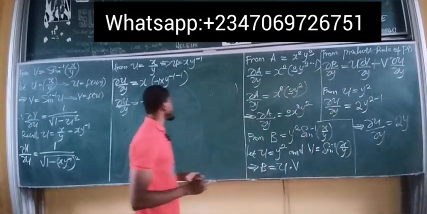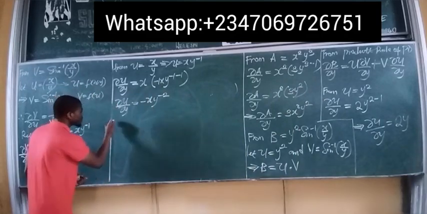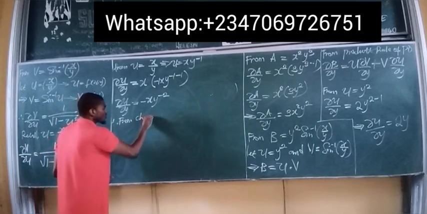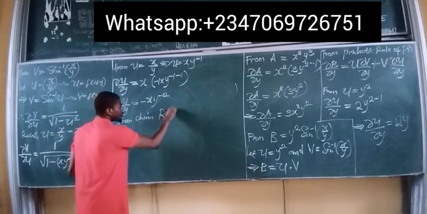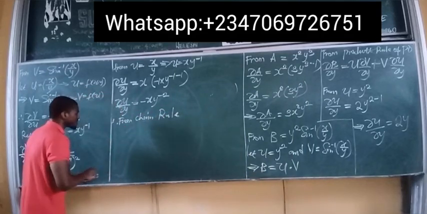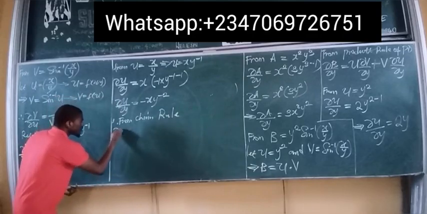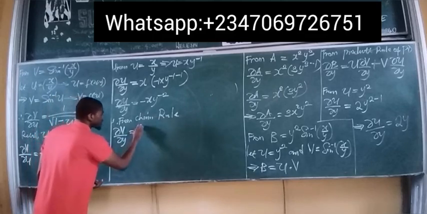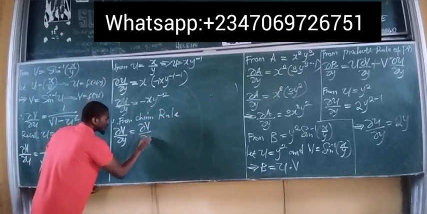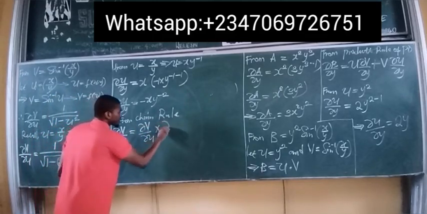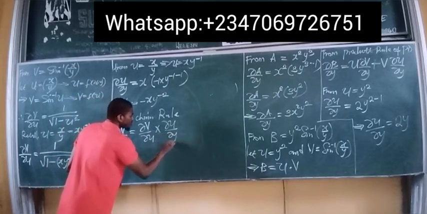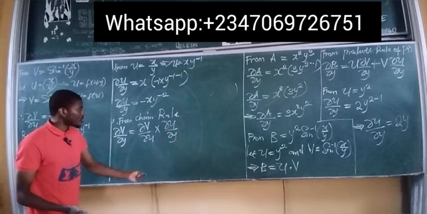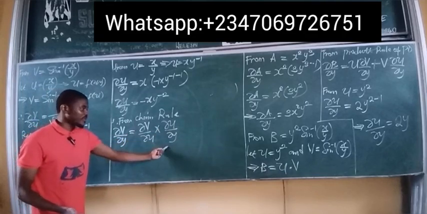So therefore, for partial v partial y, we simply employ the chain rule. From the chain rule, we have that the partial derivative of v with respect to y is a product of the partial derivative of v with respect to u multiplied by the partial derivative of u with respect to y. Notice here, partial u can cancel partial u, and you're simply left with partial v all over partial y.